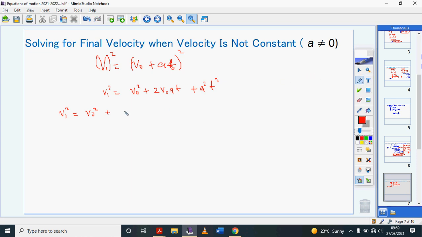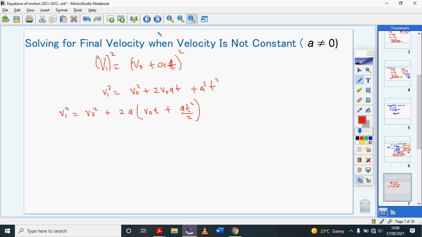Okay, continue. I'll take out 2 and a. When I take out 2 and a, I'll have v0 t. On this side, if I take out a, I'll only be left with a t squared, and since I took out 2, that will be a half.